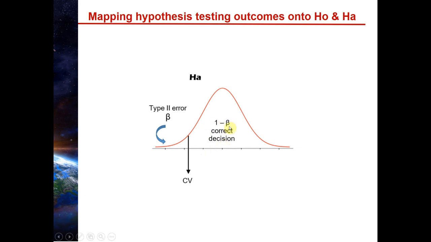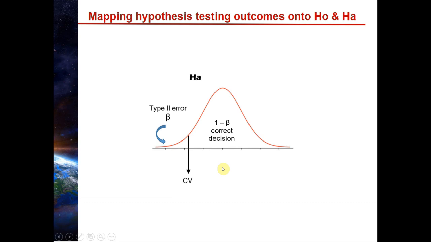It's measured by 1 minus beta, and we have a special name for it. It is called power. So power represents the likelihood that we are in this highly prized area, correctly rejecting H0. Again, this area plus this area adds up to 1 or 100%.